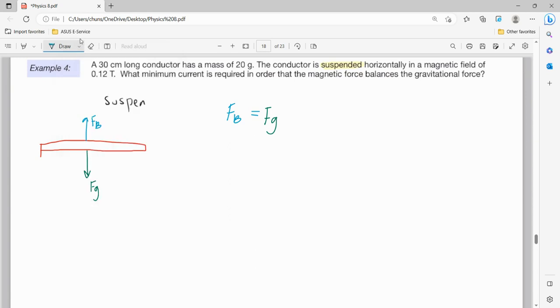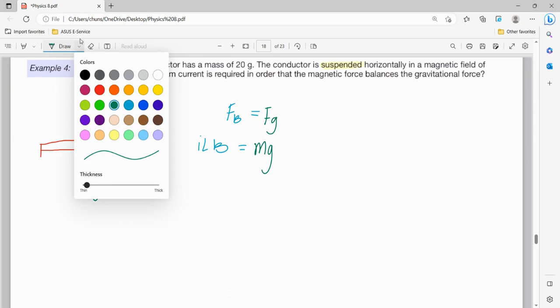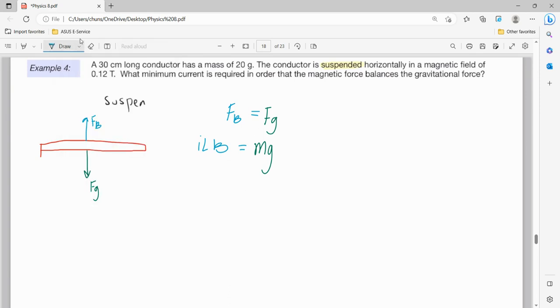So we're going to use our current times our length and magnetic field. This is equal to our gravitational force, which is our mass times our gravitational constant. What are we looking for? We're looking for our current. So we're going to isolate for our current, which is this equation here. And when we determine that, this is 20 times 10 to the negative 3 kilograms times our gravitational acceleration, 9.81 meters per second squared.